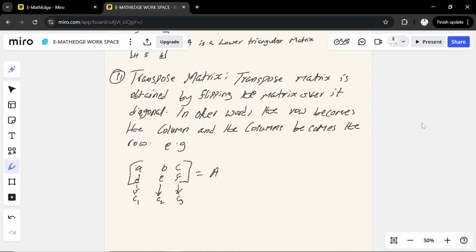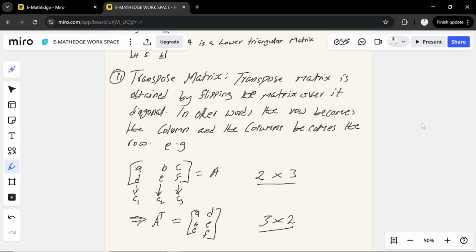But in this case, since the row becomes the column and the column becomes the row, this implies that the transpose of matrix A, which is A to the power of t, is going to be, now, since we have the first row to be A, B, C, that means the first column is going to be A, B, C. And the second row is going to be the second column, which is D, E, and F. So, in other words, you will observe that a 2 by 3 matrix becomes a 3 by 2 matrix.